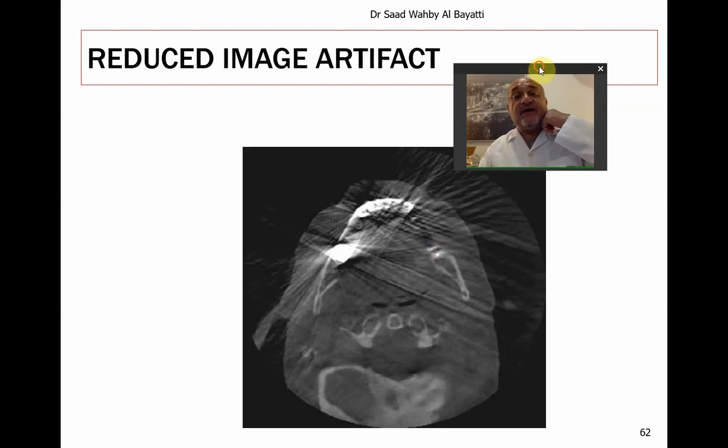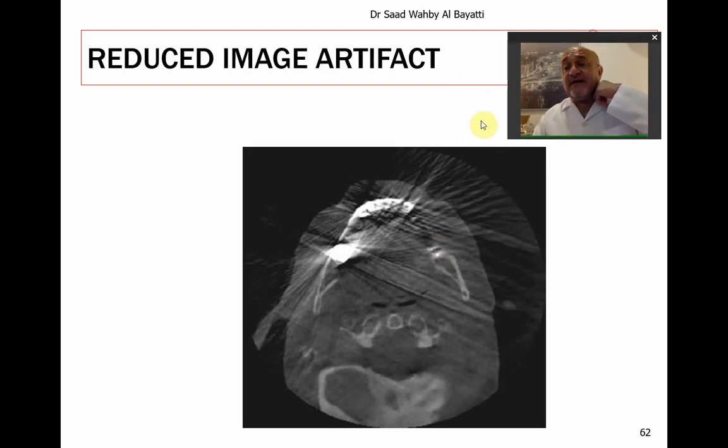However, you see this starry appearance on this axial view. This actually is called image artifacts, which is called starring of the X-ray.